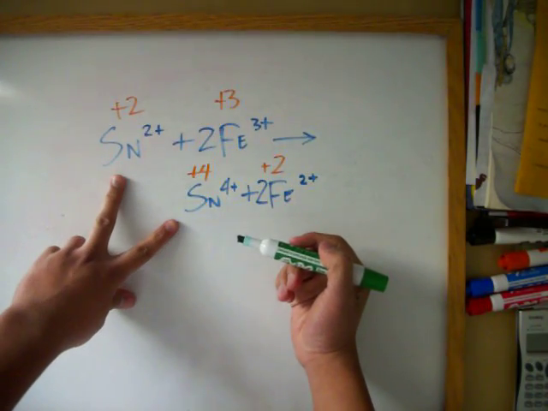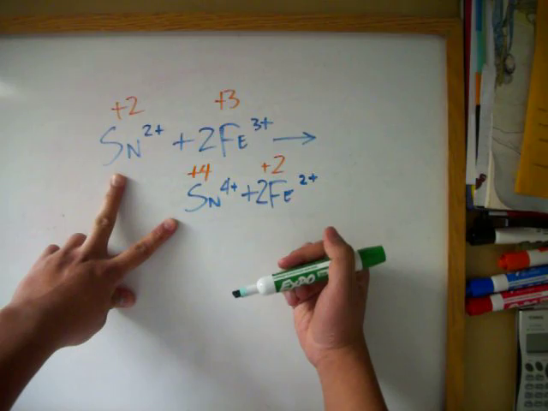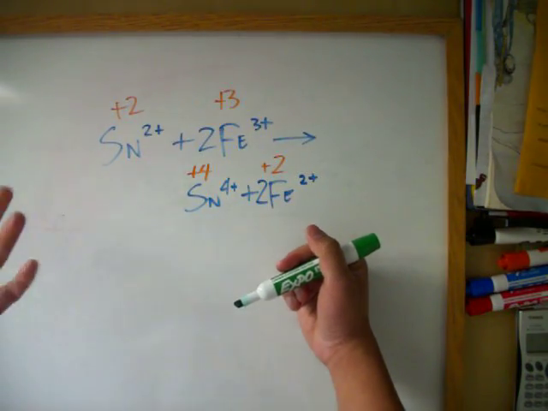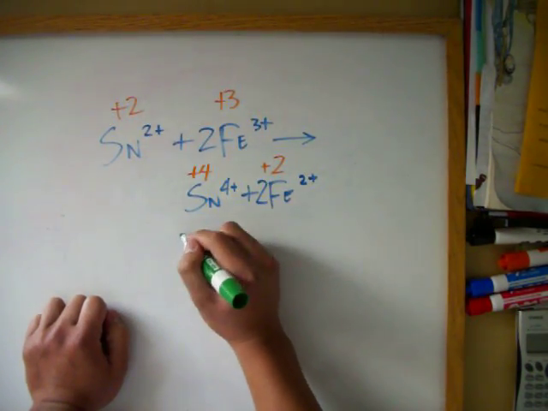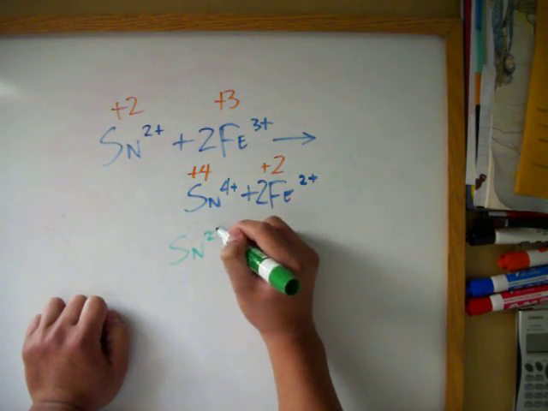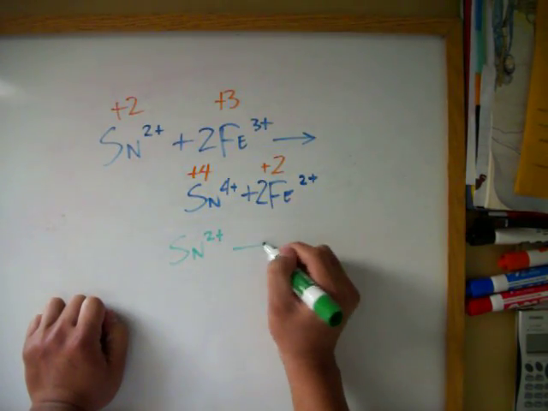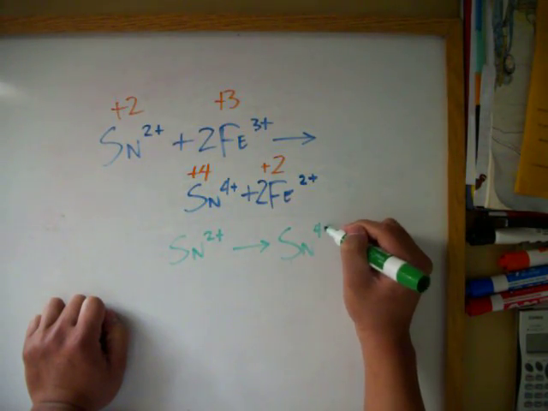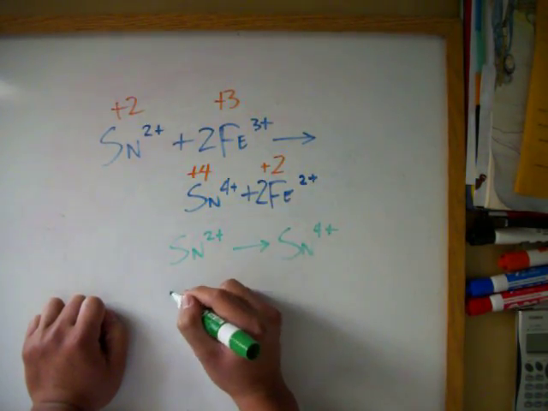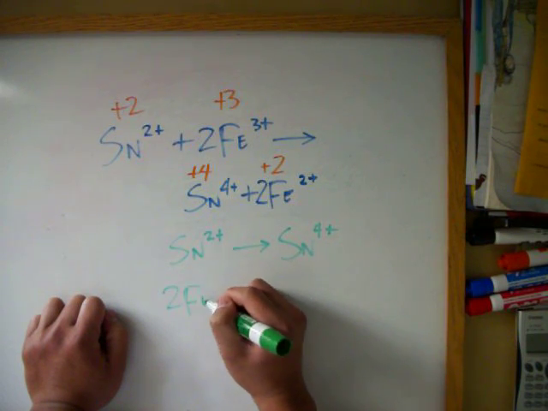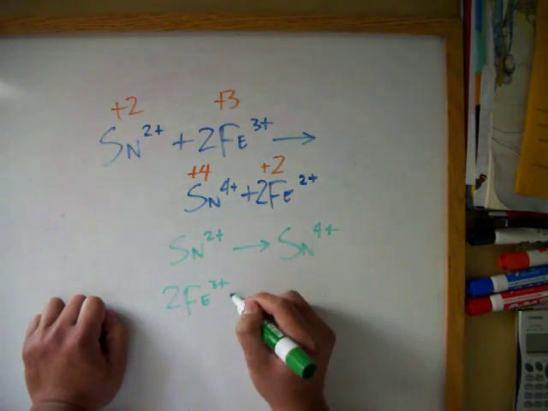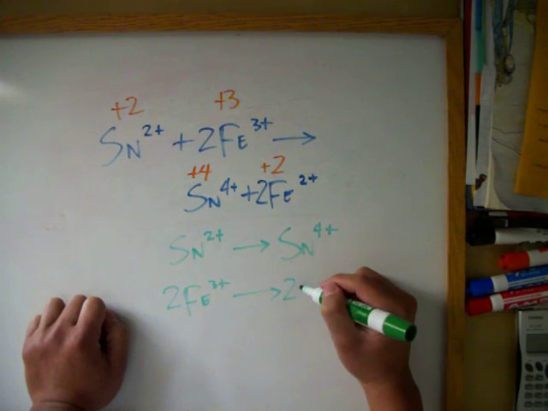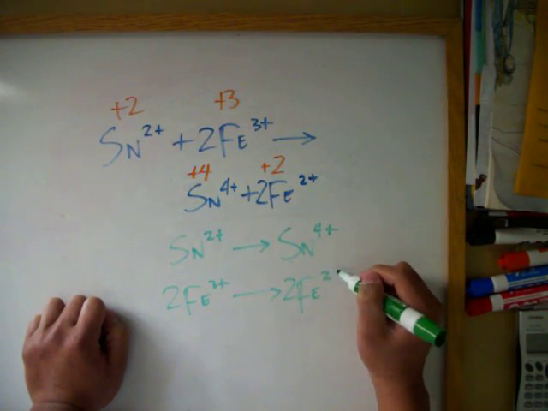We have to write one down for each element, because one of them is being oxidized and the other one is being reduced. So Sn2+ produces Sn4+, okay? And then Fe3+ produces Fe2+.